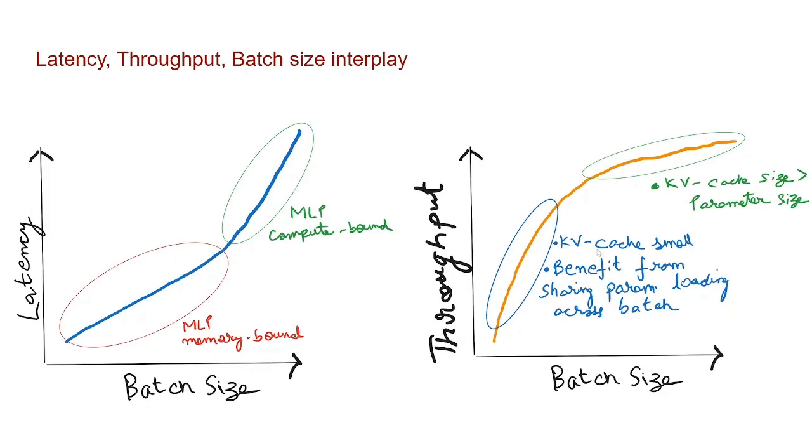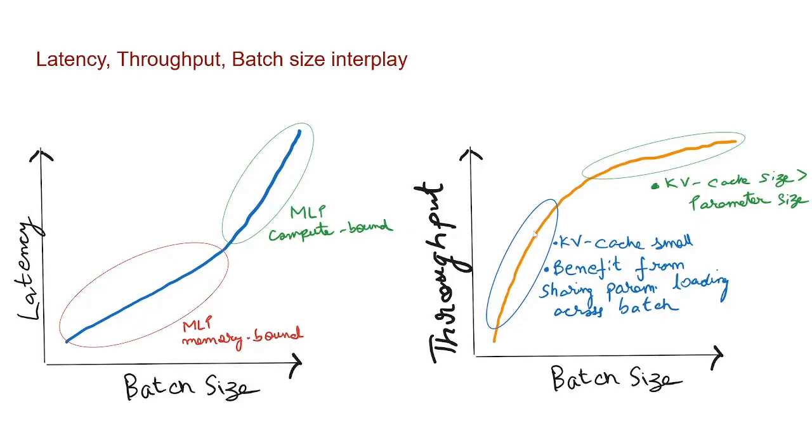And because the KV caches are smaller in this regime, they are still smaller than the number of parameters. By KV cache, we mean the KV cache of all the samples in the batch.